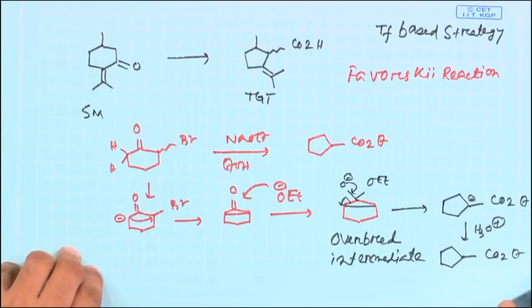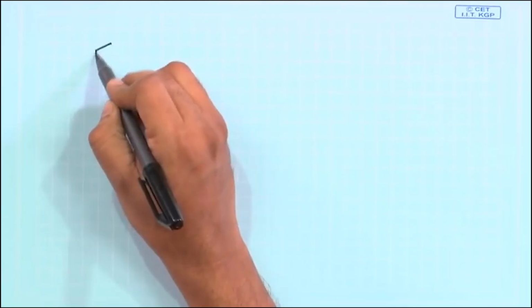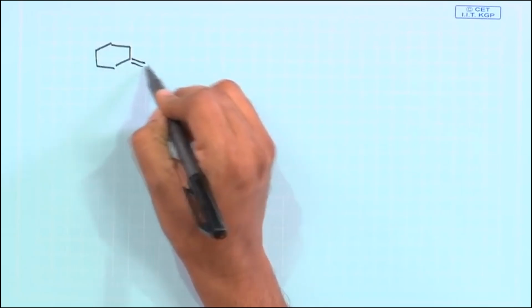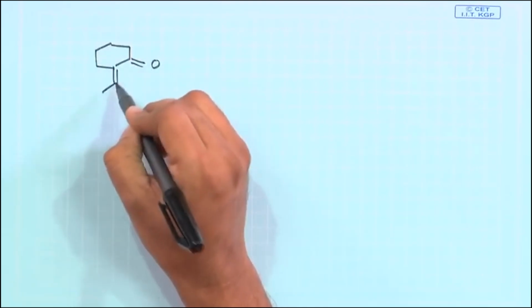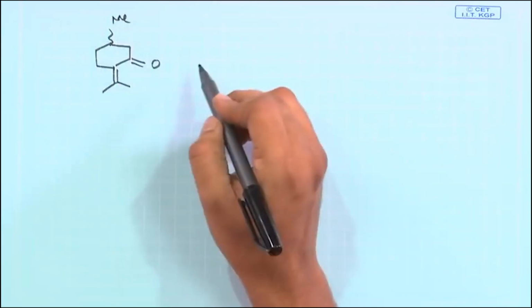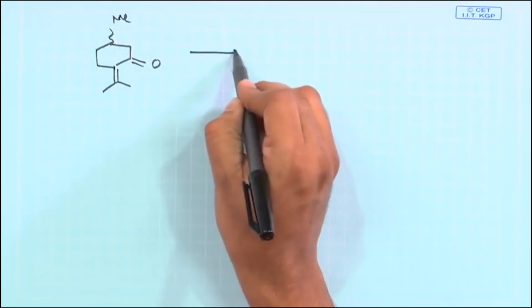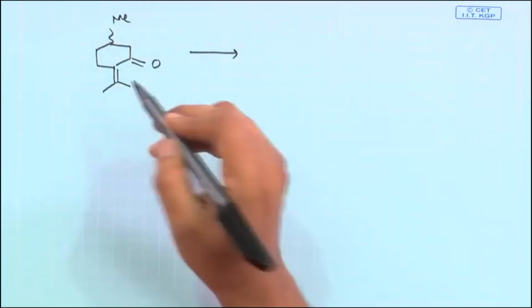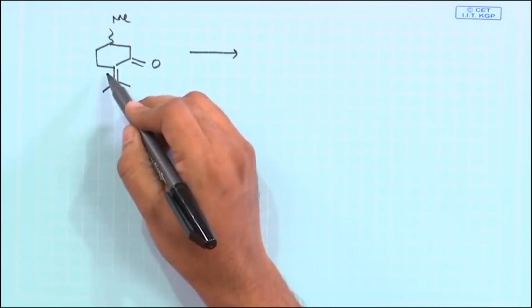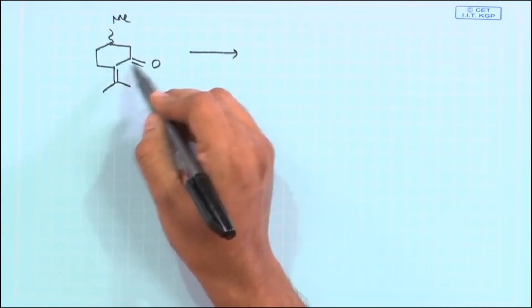So in contrast to the current problem, you can easily formulate how the Favorsky rearrangement is useful. Your starting material was given to you having a structure like this. Okay. Then to have a Favorsky reaction, what do you need? You need some bromo or leaving group adjacent to the carbonyl.